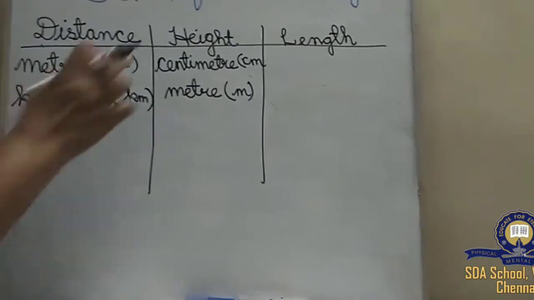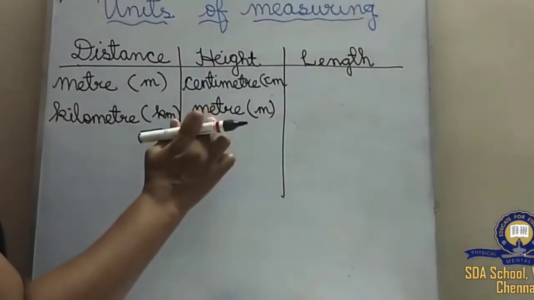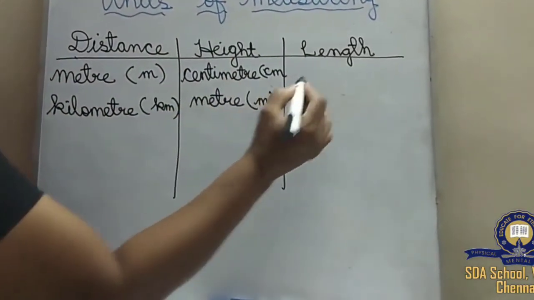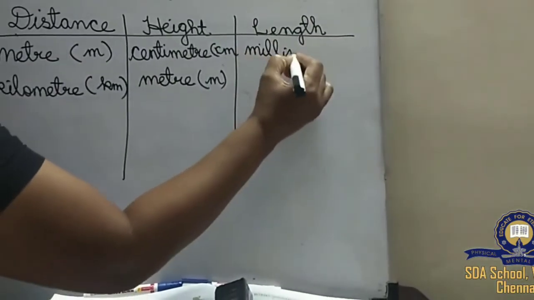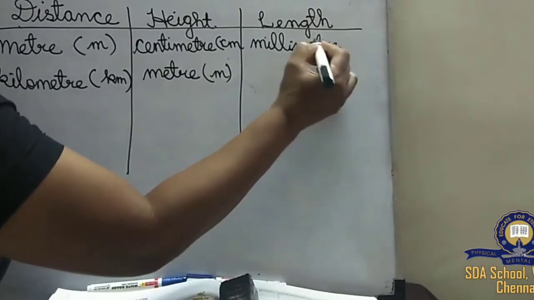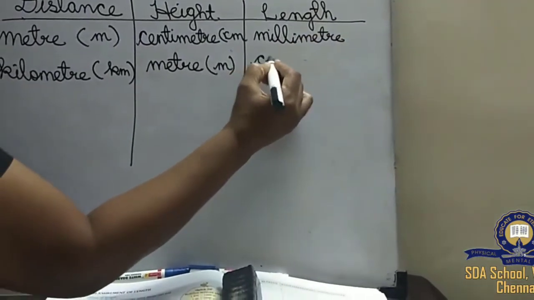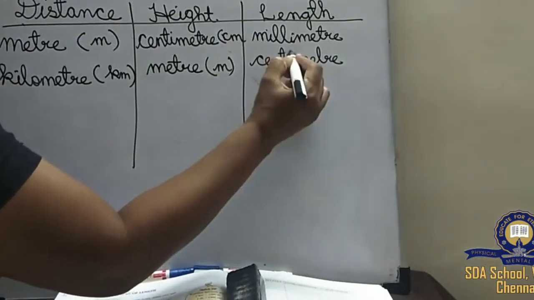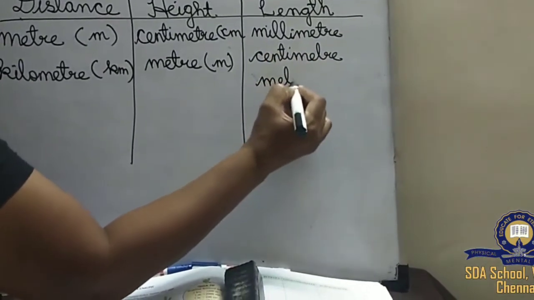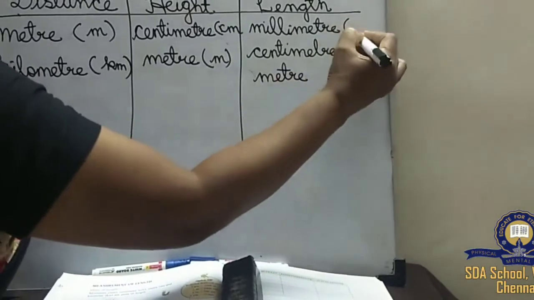Okay, children? So height is measured in centimeter and meter, and length is measured in millimeter, centimeter and meter. Length can be measured in 3 units.